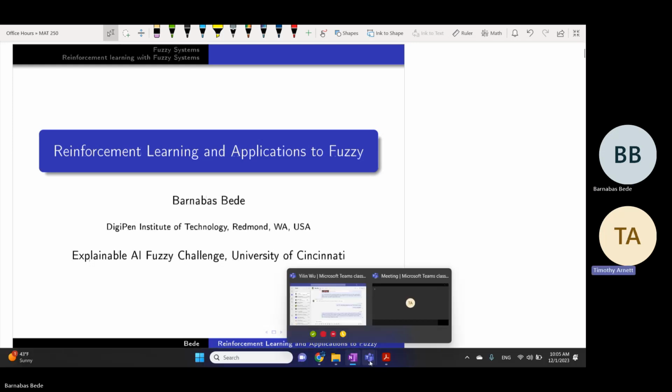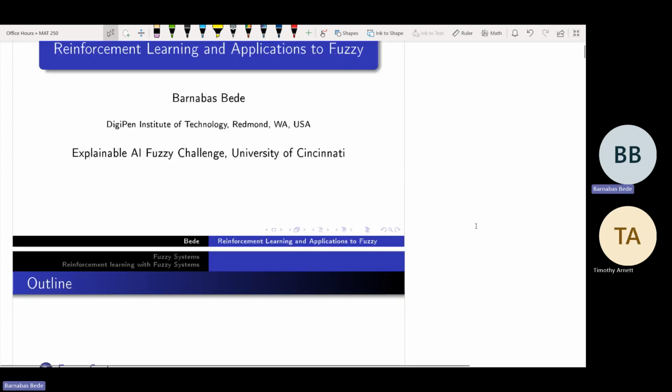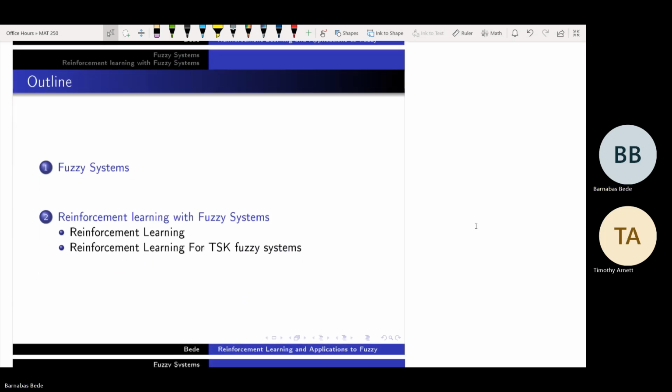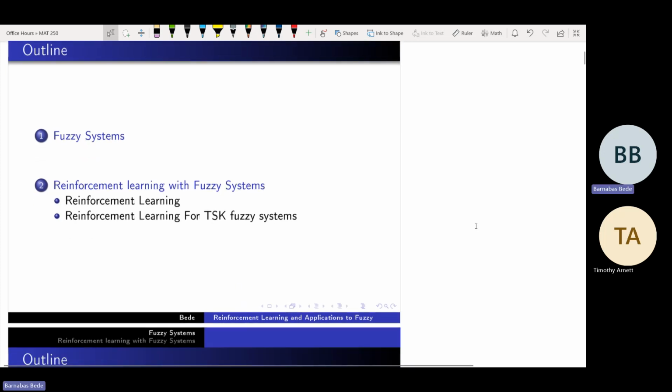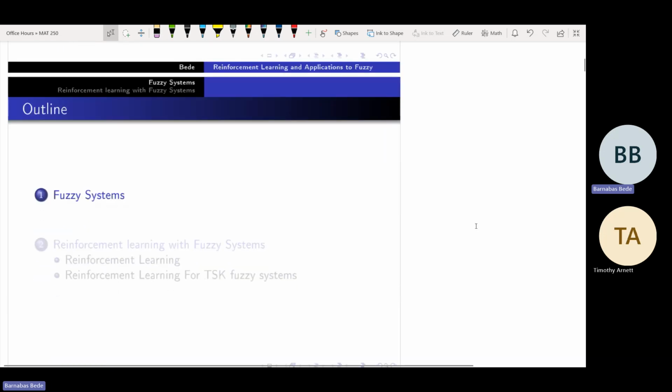Basically, we will start with going over fuzzy systems that we did yesterday. However, we will focus more on reinforcement learning, so we won't go into details on those.